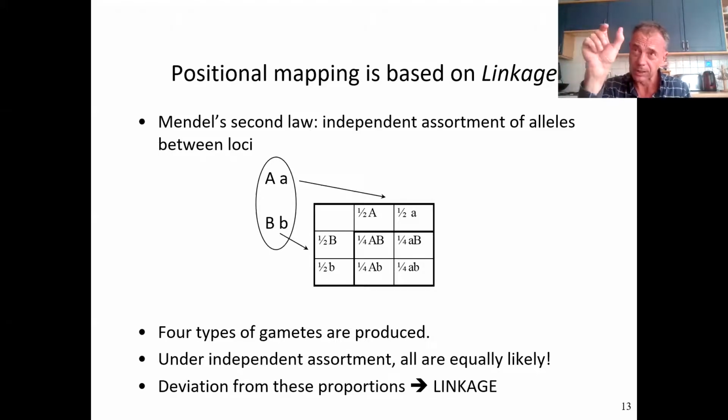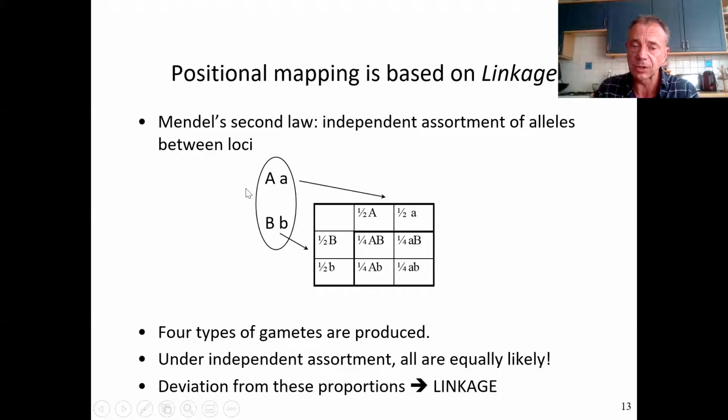And they're going to pass on one of the alleles that they have at the first locus to their child, and one of the alleles they have at the second locus to their child. And what Mendel observed was that these 2 events would be independent of each other. Whether you got green or yellow was independent of whether you got long or short, tall or short. And that's set out in this grid here with the transmission probabilities.